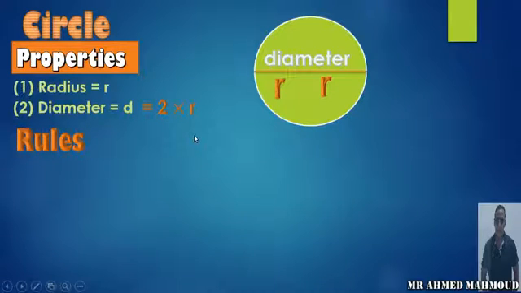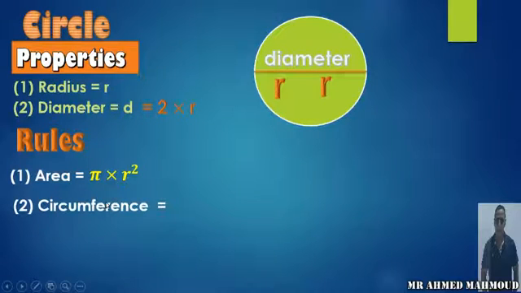Okay. Now we have the rules of the circle. The first rule is the area of the circle, which is equal pi times r power of 2. And the pi, as we said before, is the approximated value 22/7 or 3.14. Next, the circumference, which is equal 2 times pi times radius. Okay, and finally pi equal 22/7 or 3.14.